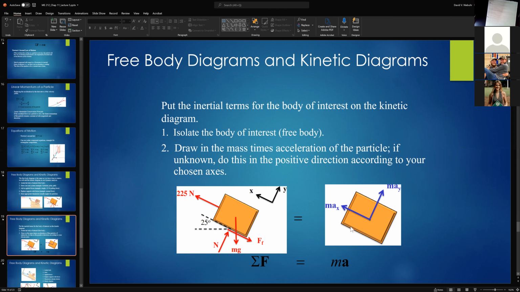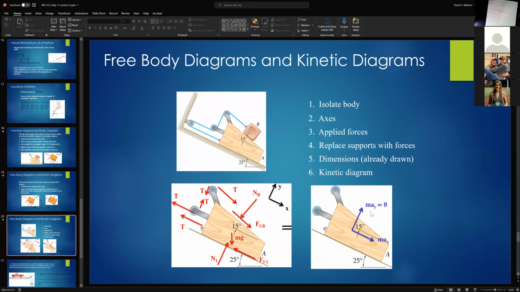So oftentimes we're going to start with objects sliding down inclines, and you probably did some of that in physics, but we know that in that context the acceleration in the y is usually 0 if we tilt our axes. So here, if we look at something a little more complicated, we're looking at block A, we've isolated it. The important thing is that you recognize everything that's acting on it.